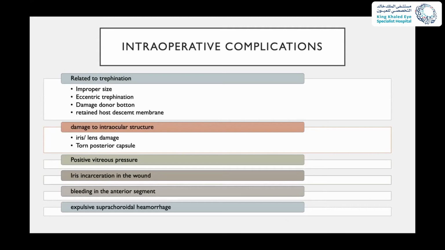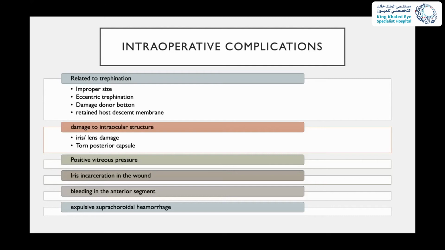A very small size will lead to a diminished optical quality of the graft and an increase in astigmatism, while a larger trephination will lead to a very large graft that is approaching the limbus and increasing the risk of vascularization and graft rejection. Also, an eccentric trephination will lead to a decentered graft that will also diminish the optical quality of the graft.